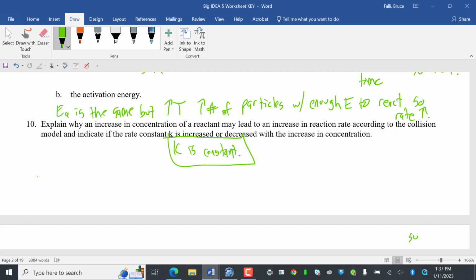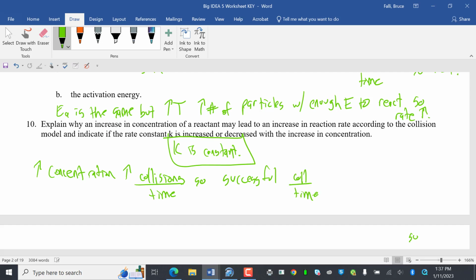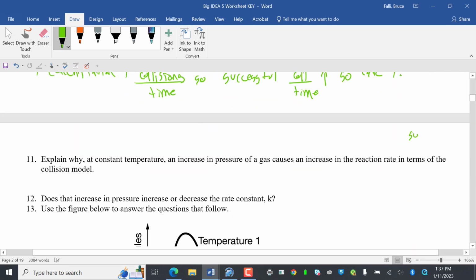Increase in the concentration increases collisions per time. So successful collisions over time increase, so rate increases. If your hand hurts from writing this, so does mine.